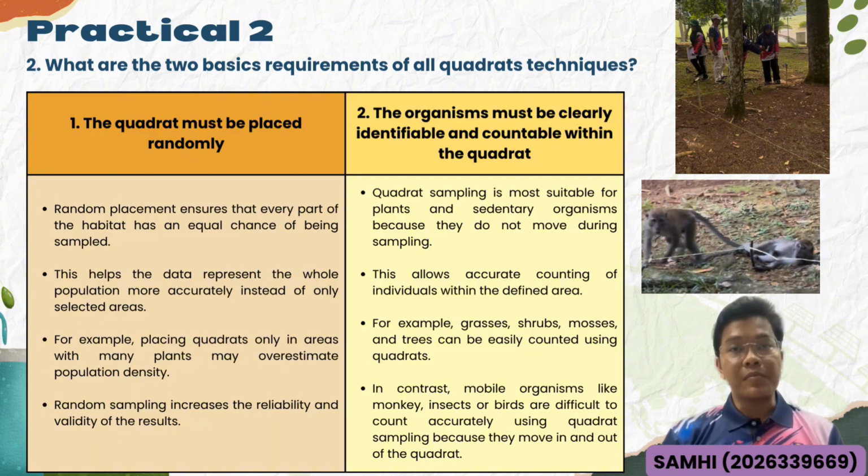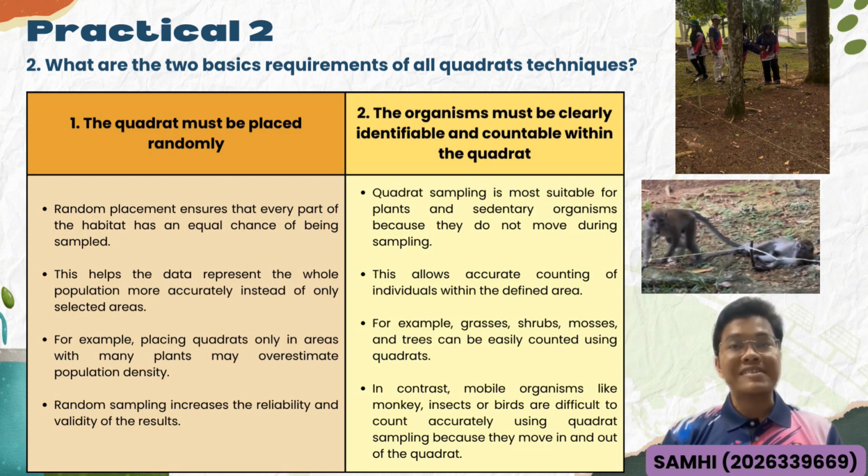The second requirement is that the organisms within the quadrat must be clearly identifiable and countable. This ensures that accurate data can be collected during sampling. Quadrat methods are most suitable for plants and other sedentary organisms because they remain stationary during the study period.